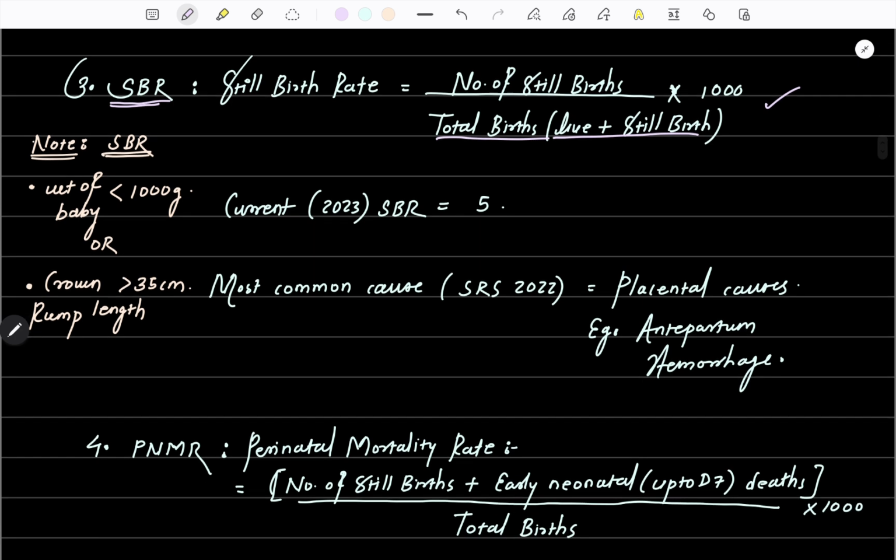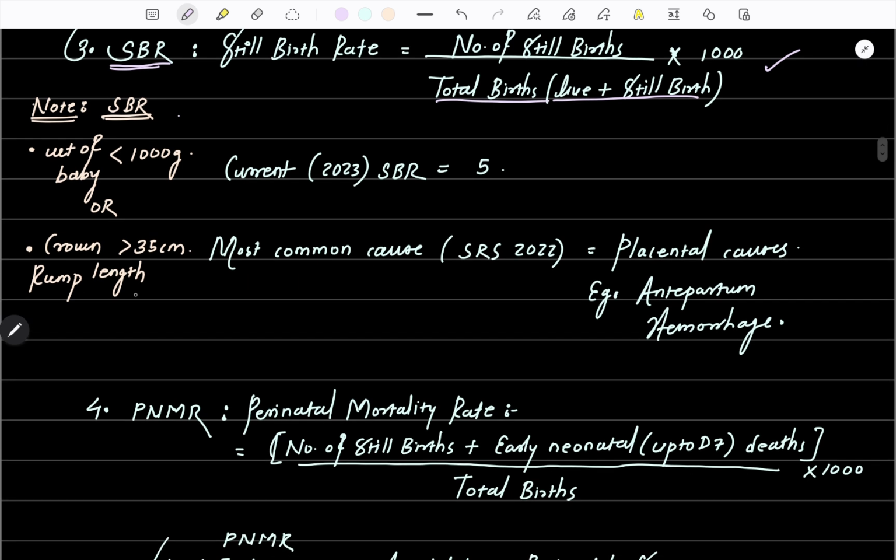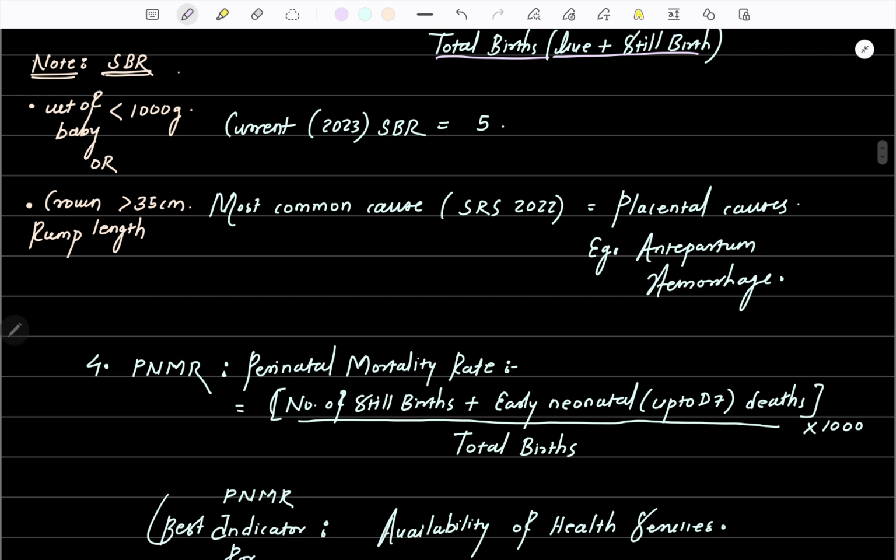Stillbirths are also defined as when the weight of the baby is less than 1000 gram or crown-rump length is more than 35 centimeter. You are going to see more details of crown-rump length in the gynecology section.